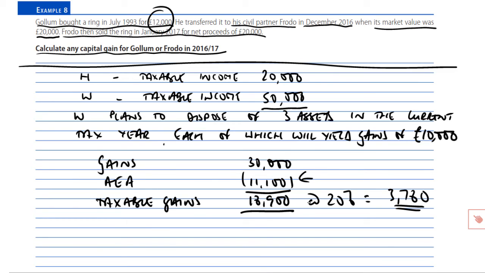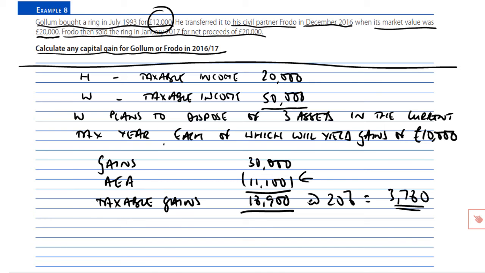If she keeps one and sells that, covered by the AEA, there will be no taxable gain. Equally, the husband should at least sell one of those 3 assets, because that would utilise his AEA, or at least most of the 11,100. So each should sell at least one, but there are 3 of them. So who should sell that third one?